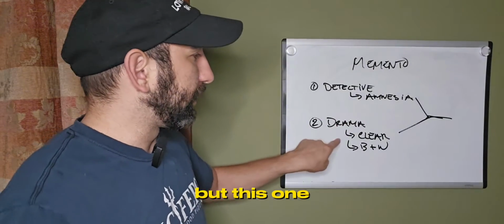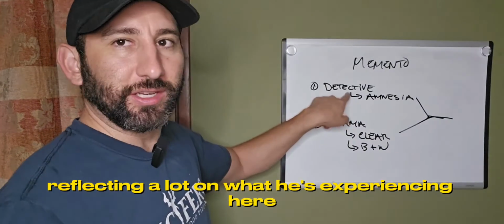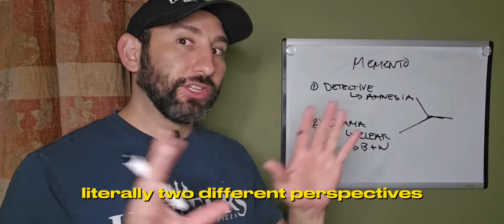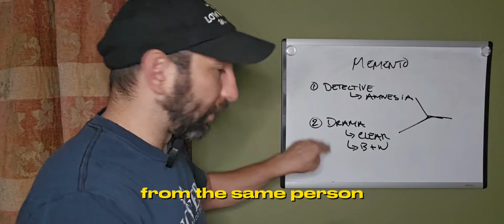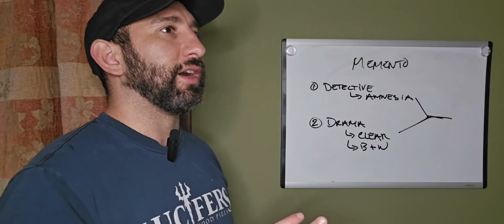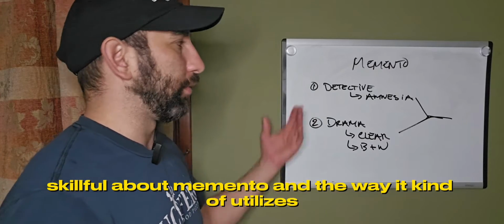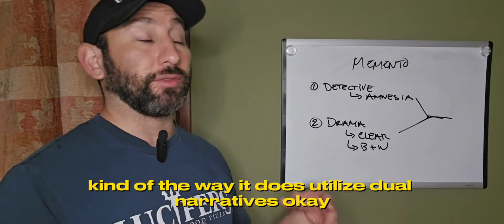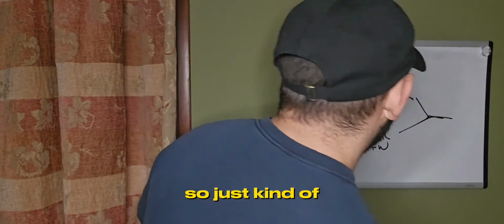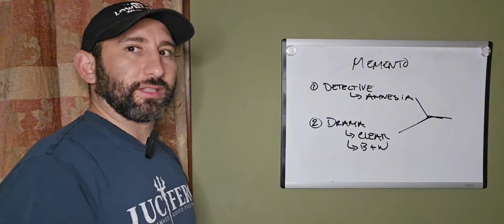But with this one, he's reflecting a lot on what he's experiencing. So it's a very interesting way to get literally two different perspectives from the same person. And I think that is what is most skillful about Memento and the way it does utilize dual narratives. Okay? So just take a peek at that.